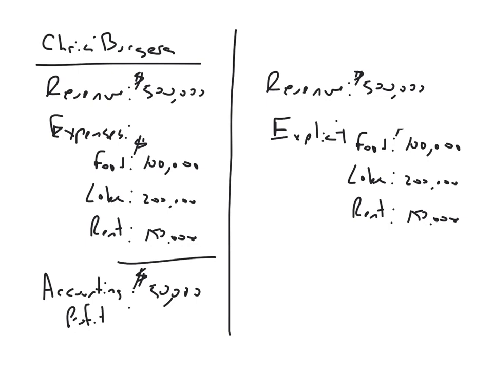In addition to explicit costs, we know that there are also implicit costs, non-monetary expenses that involve the use of the owner's own resources. Now remember, in this example, we said that I quit my job, and so as a result of opening Chris's Burgers, I gave up the salary that I was earning in my previous job.